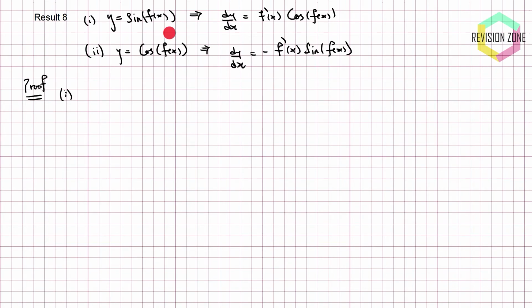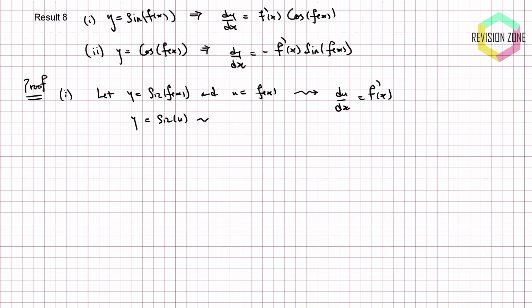We're just going to use the chain rule. So let y equals sine of f of x and u equals f of x. Then y is equal to sine of u. Now I can start to differentiate these, because du by dx is just f prime of x, and dy by du, because sine differentiates to give cos, is just cos u.